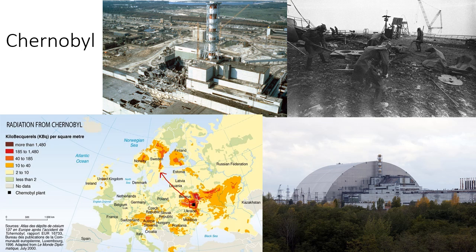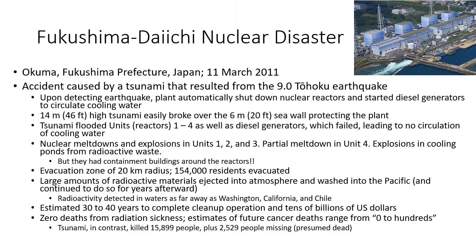It was a massive cleanup effort. The HBO miniseries Chernobyl, if you want to explore this in more detail, is really, really good. I'd highly recommend it. The picture on the bottom right of the previous slide was the Chernobyl New Safe Confinement structure, the largest mobile structure ever. The last disaster that we need to talk about is Fukushima Daiichi.